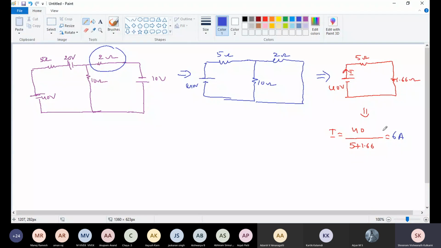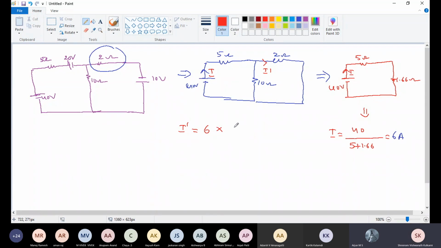By the current division rule, we need to find this current I dash. The total current we got is 6 ampere. Now I dash I calculate as 6 into 10 by 10 plus 2.